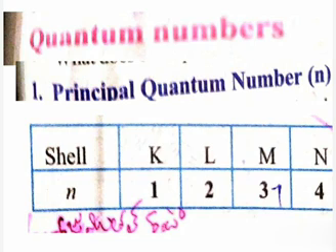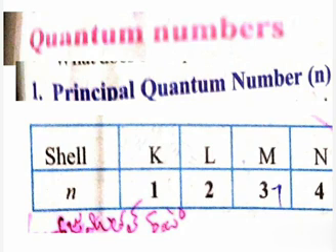As n increases, the shells become larger and the electrons in those shells are farther from the nucleus.